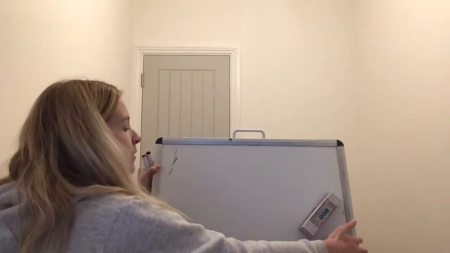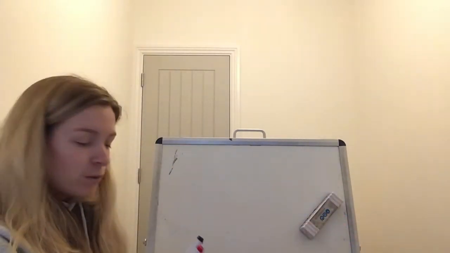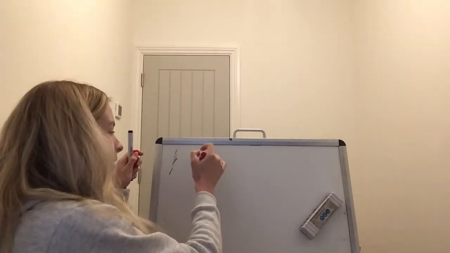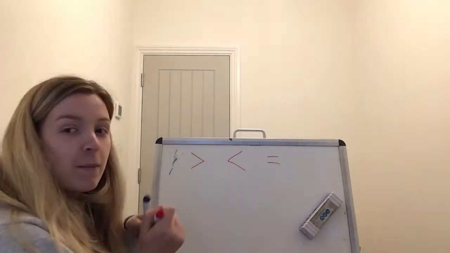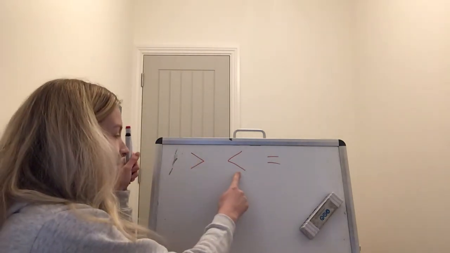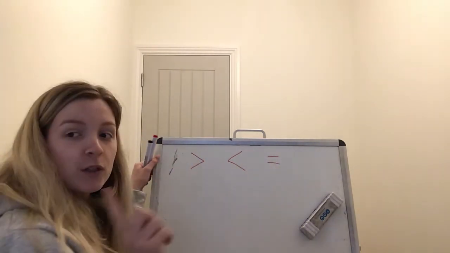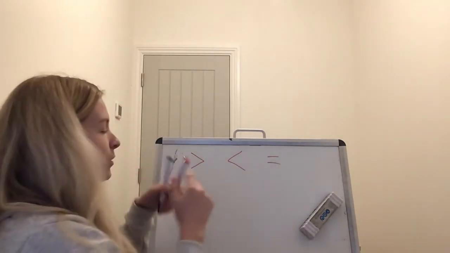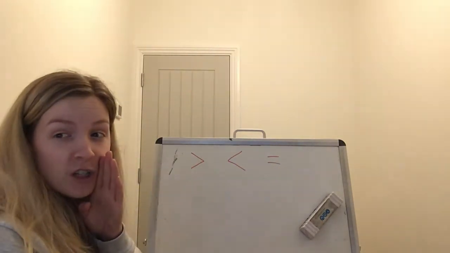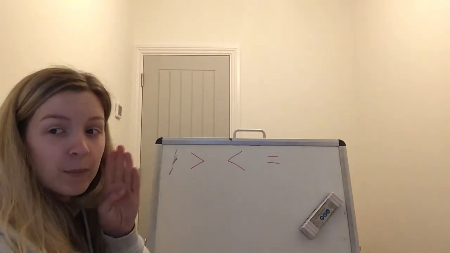Then, last but not least, your last and final task is to look at these signs. Okay, remember, more than, less than, equal to. You say it. More than, less than, equal to. Bit like a crocodile, chomps the bigger number, okay?